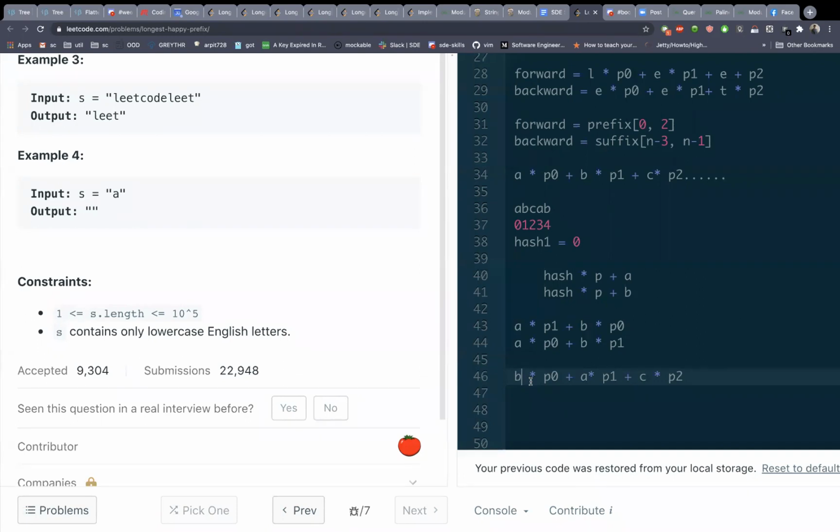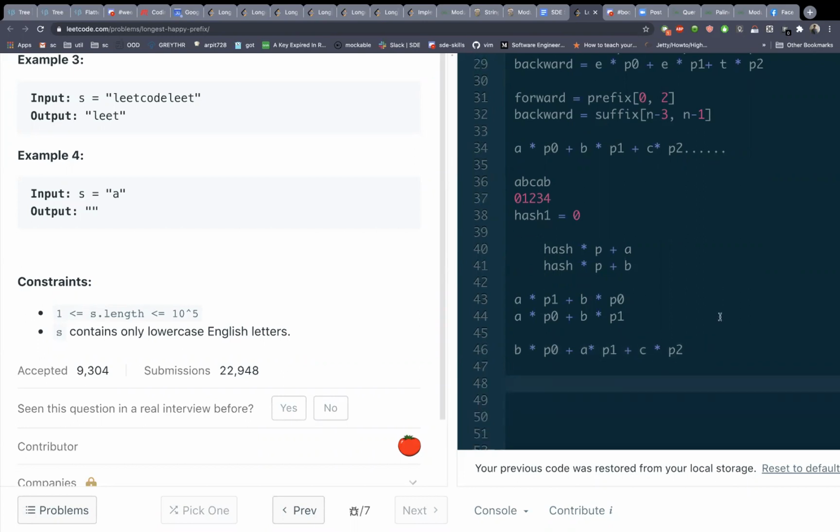Yeah, but if you do for ABC, we are doing A into P0 plus B into P1 plus C into P2, right? Now, instead of going forward for ABC, if we first get the hash of C, then BC, and then ABC, and then come up with the same formula, that might make it clear. Sure, I think that's a good suggestion. So now I think I'll be able to explain the problem better.